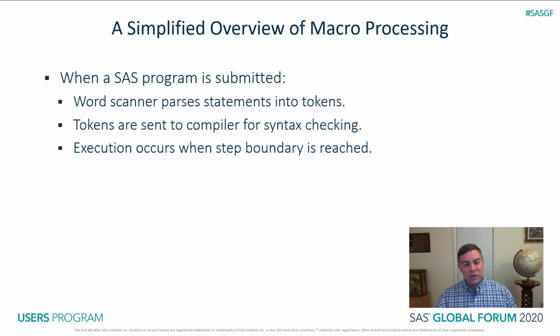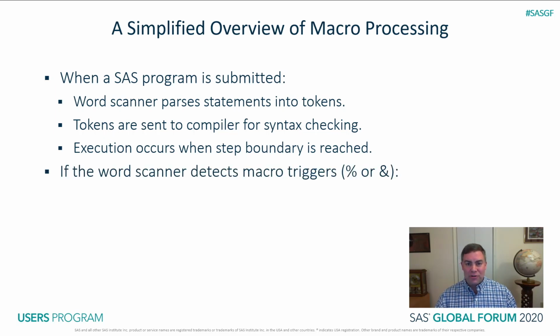Now, when the word scanner detects a macro trigger, something different has to happen. Macro triggers typically start with a % sign or an ampersand. Not every % sign or ampersand is a macro trigger. Sometimes those have other meanings in SAS, but most macro language triggers do start with those characters.